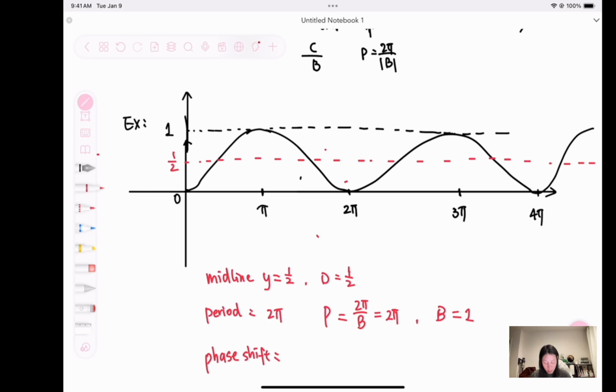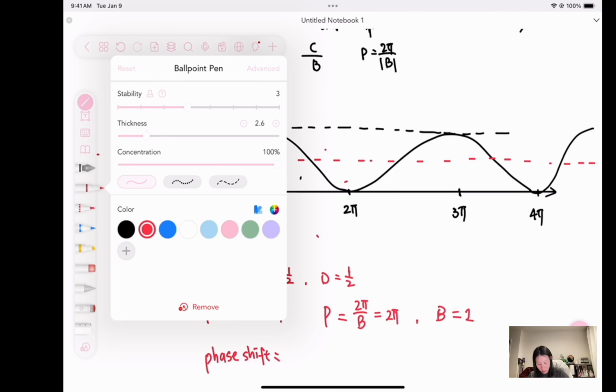Or maybe it depends on whether you see this as a cosine function or a sine function. Let's pick one. I think this is a sine function. If this is a sine function, we know that the sine function starts from the midline. So let me label the starting point.